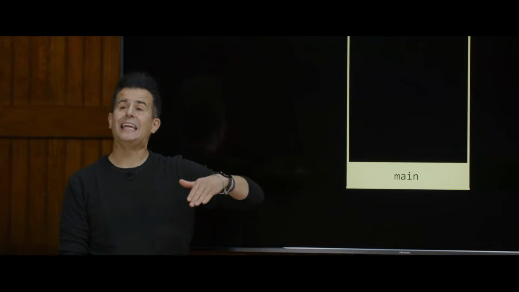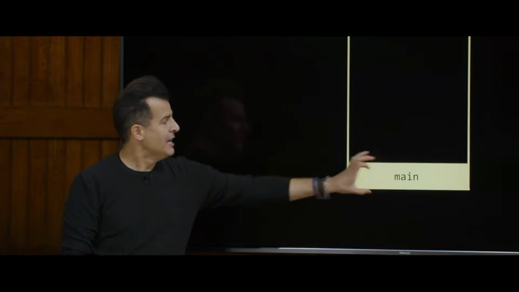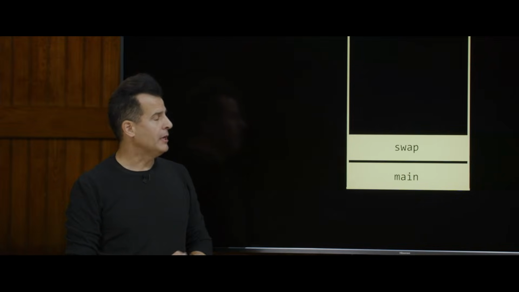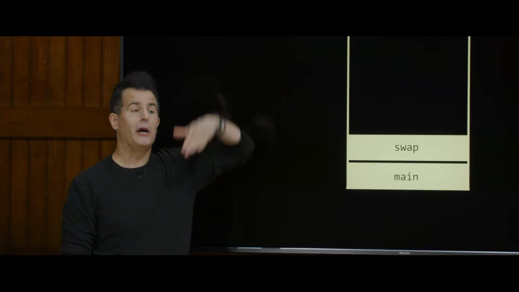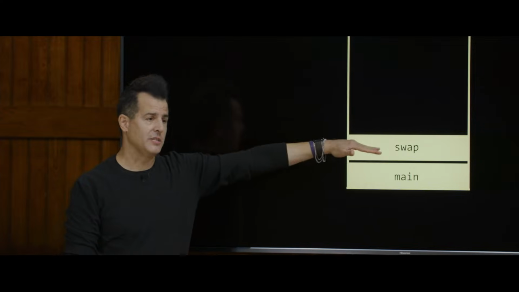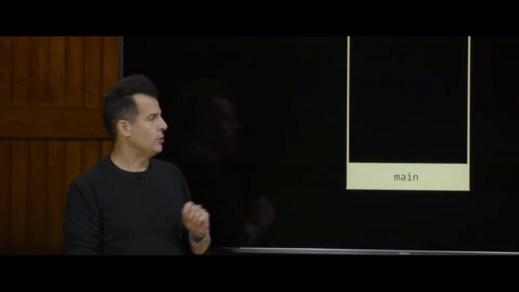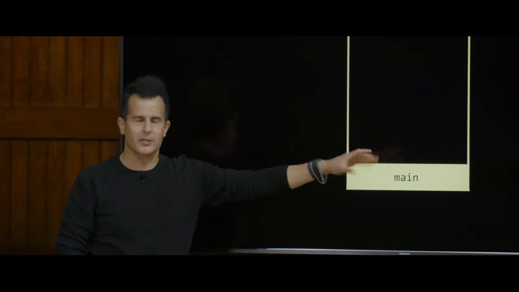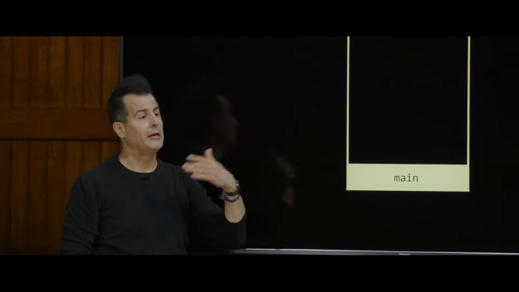Specifically, if main has any arguments, like command line arguments, or if main has any local variables, they end up down here in memory. Meanwhile, when main calls swap, swap gets the next available chunk of memory above it, so to speak, and any of its arguments or local variables end up there. So when swap is done executing, it's as though that memory disappears, even though the zeros and ones are still there, but the computer can now reuse that same chunk of memory later.